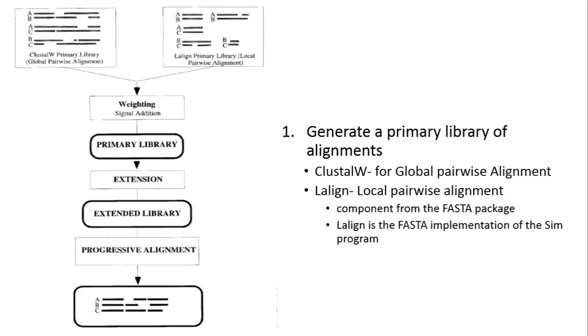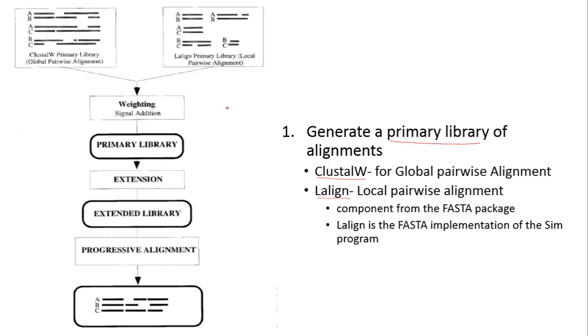Okay, good. So let us talk about the very first step, that is, how do we generate the primary library of an alignment, or what exactly is a primary library. Say, for example, you use two programs like ClustalW and LALIGN for generating this primary library.